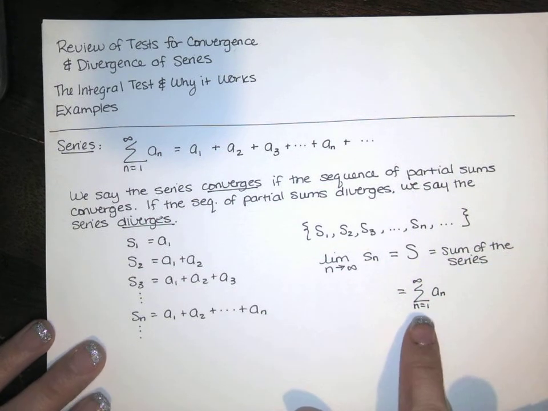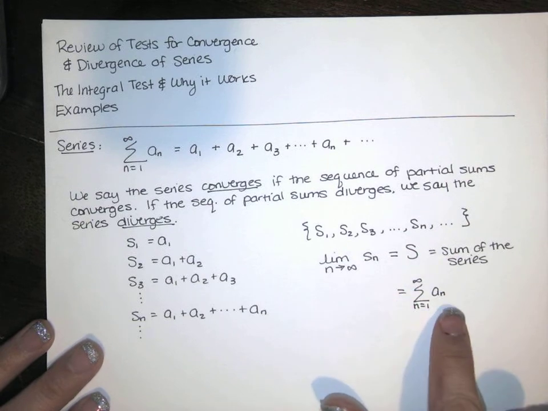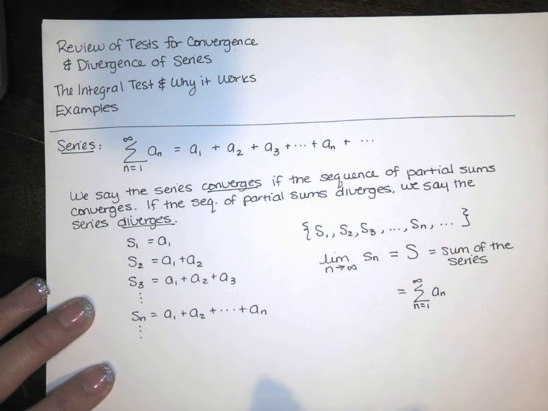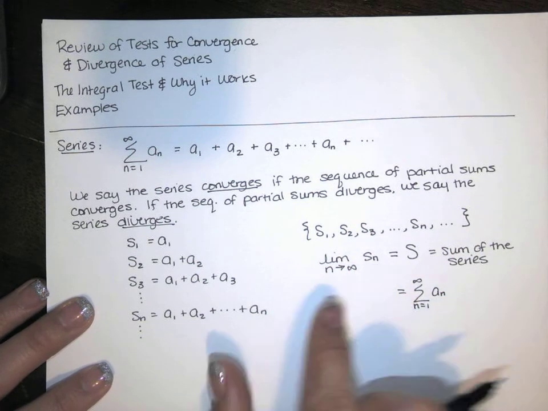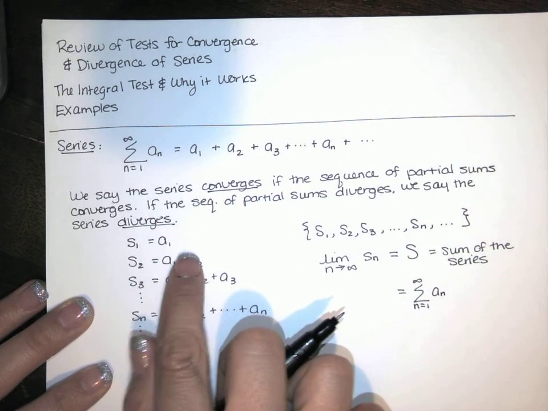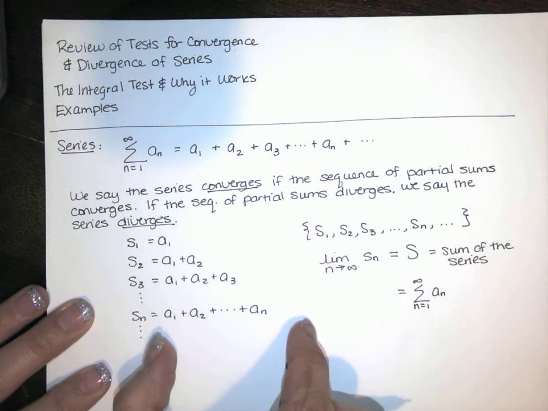So the sum as n goes from 1 to infinity of a sub n, that's the sum of infinitely many terms. It's defined to be the limit of the sequence of partial sums, so we just keep taking a sum of one term, sum of two terms, sum of three terms, sum of n terms, and then we look at how those sums behave.